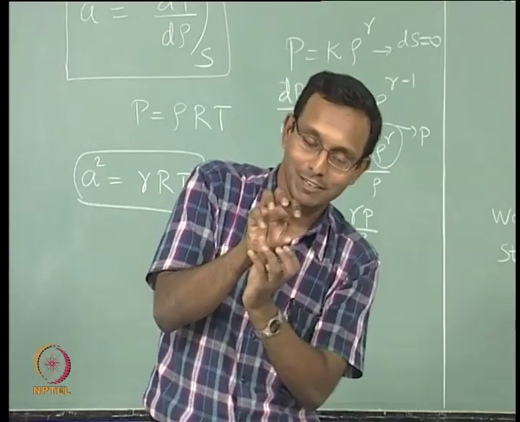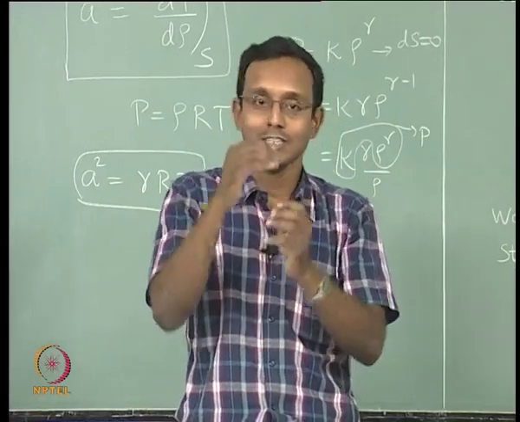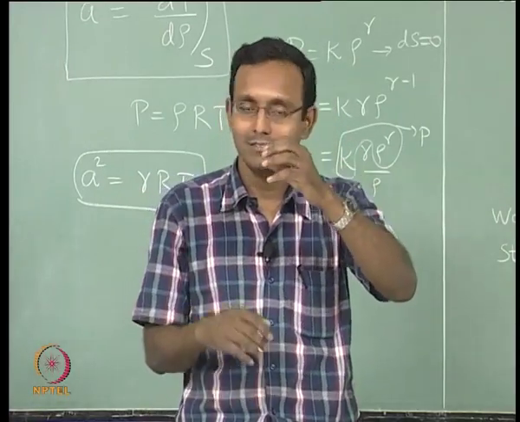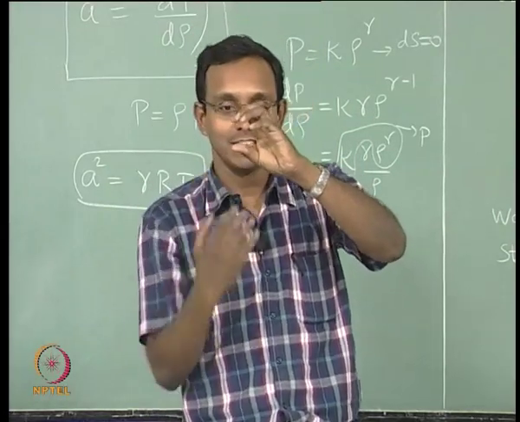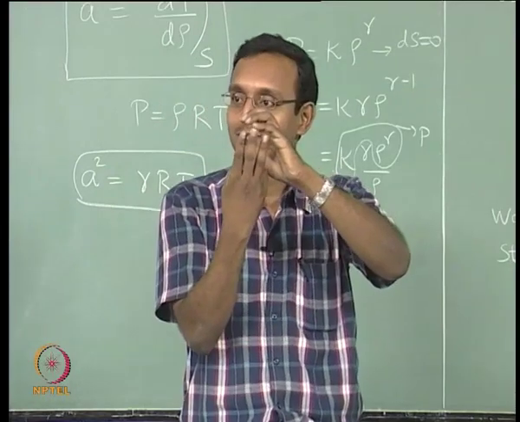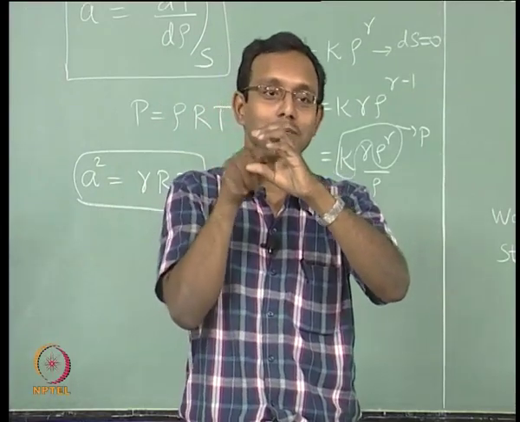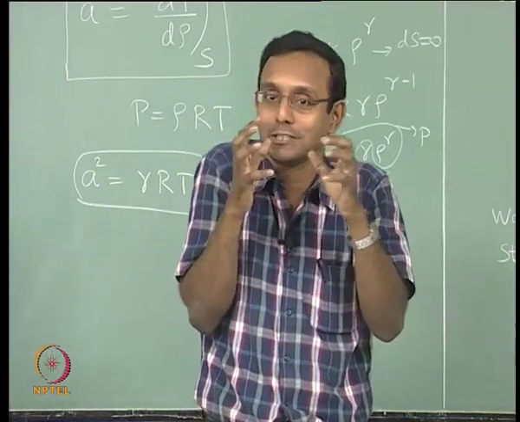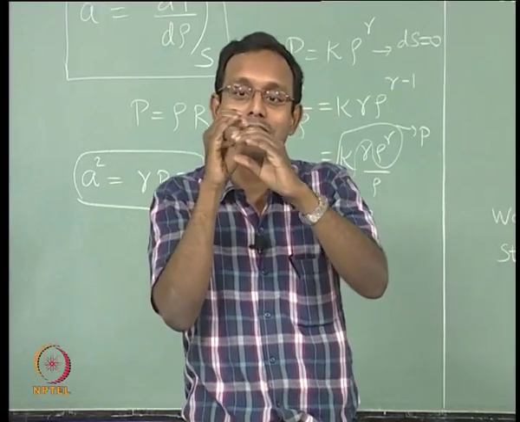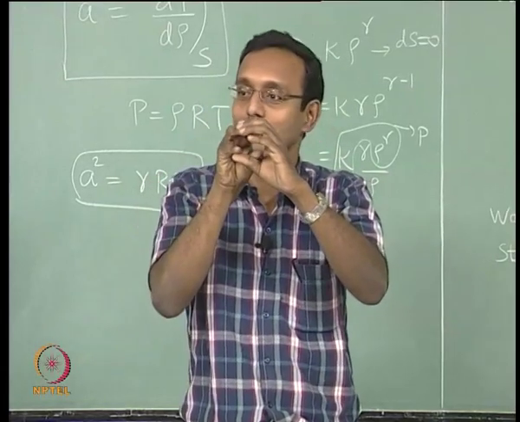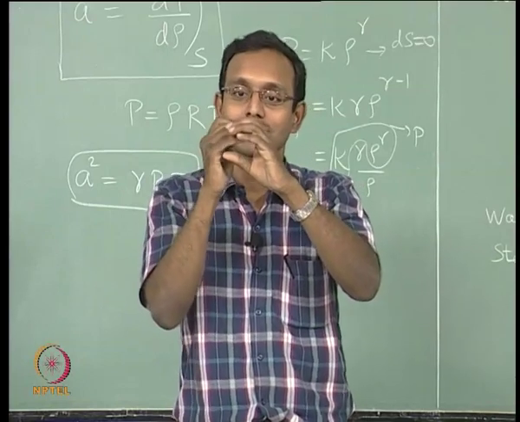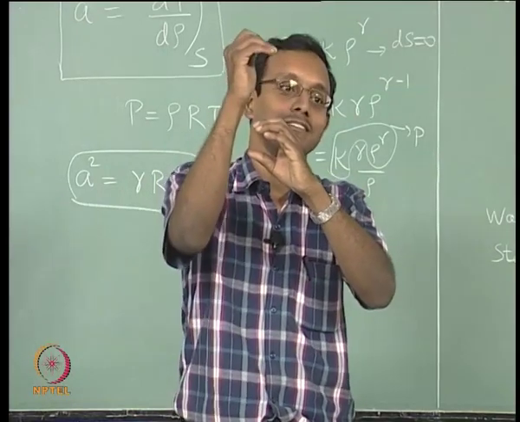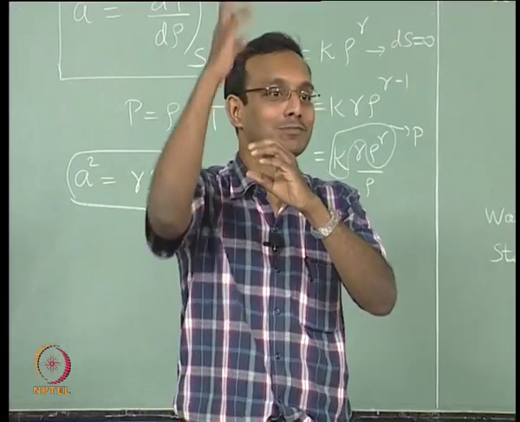Now that information transfers to the one below, and so there is an expansion wave going this way. What about the other side? I have a fluid element, there is a bunch of particles coming in, so these guys have to increase pressure, so now they have to readjust their space. Some of them will see that this is lower pressure compared to here, so these particles will now move in there, so there is a compression wave going this way.